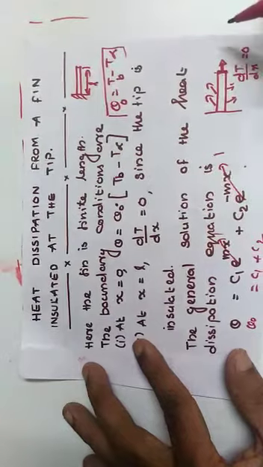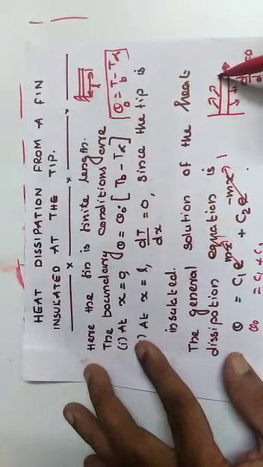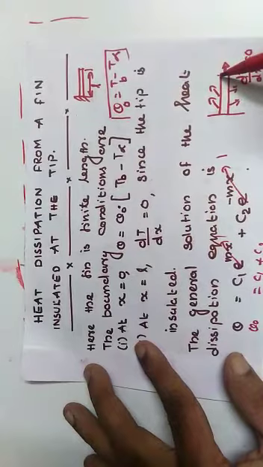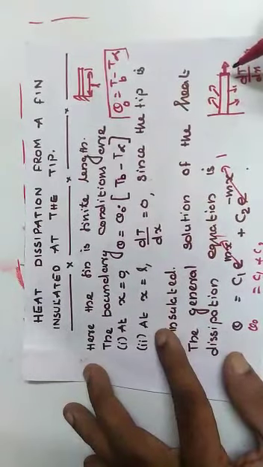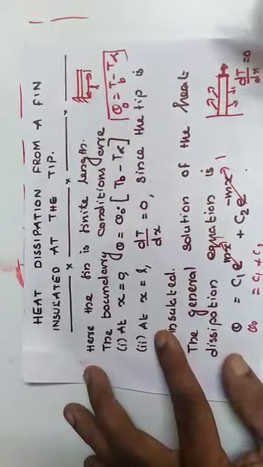Whereas in the case of an infinitely long fin, at x equal to infinity, the temperature equals T infinity and the excess temperature theta equals 0. Whereas in the case of the insulated tip problem, at x equal to L, dT by dx equal to 0.